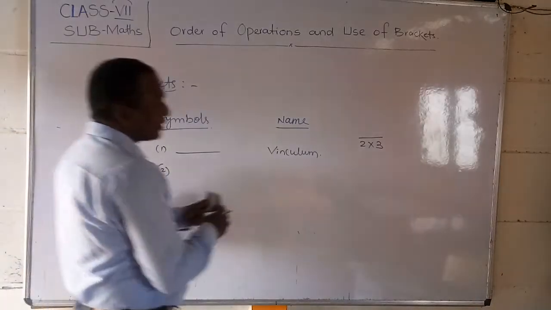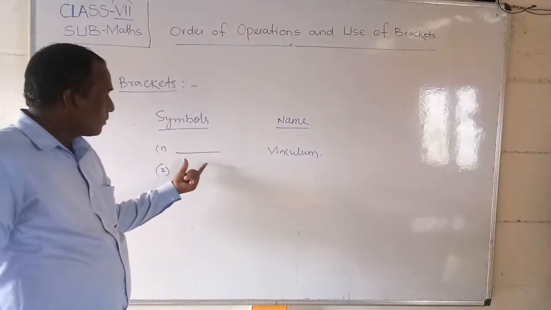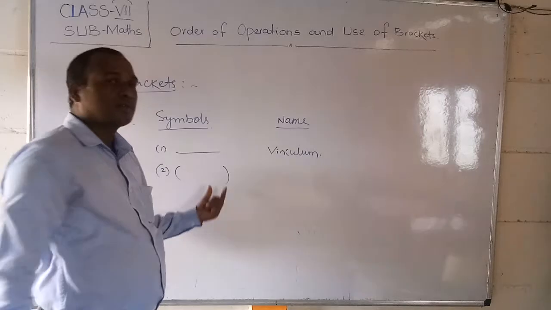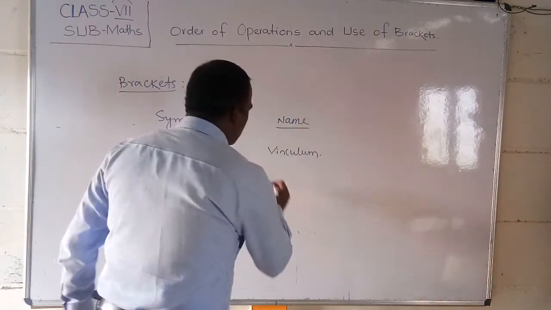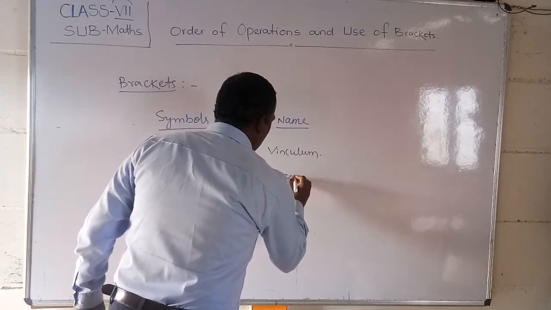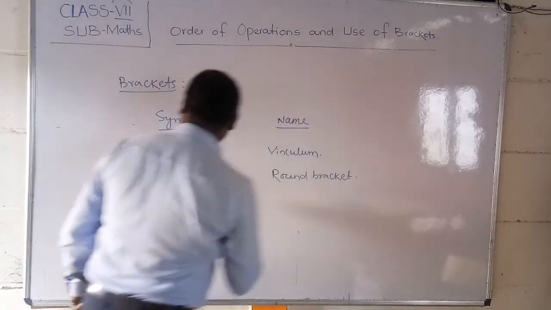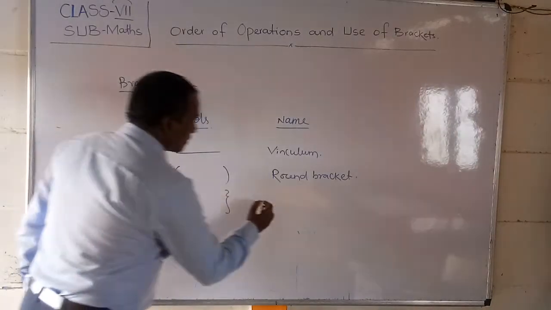Whenever this bracket comes, it is called a round bracket. Okay, round bracket. The third one is the curly bracket.